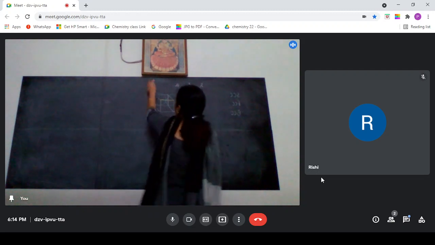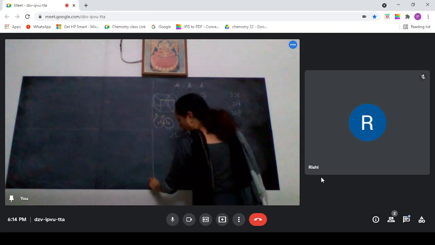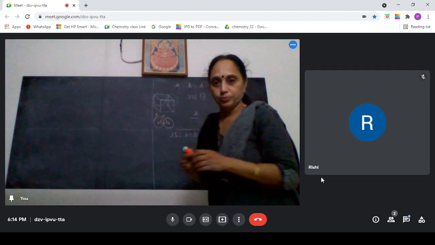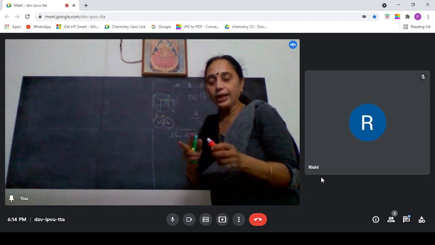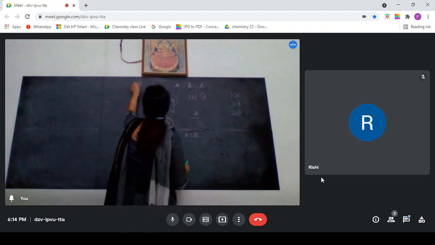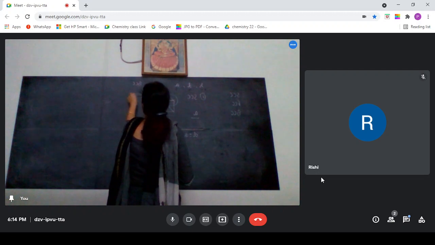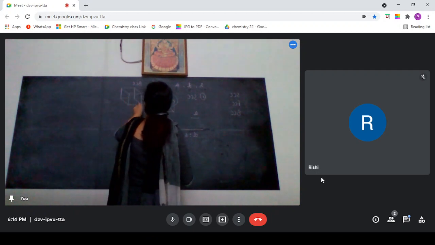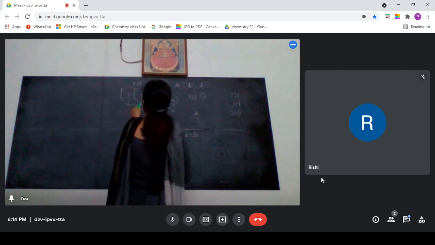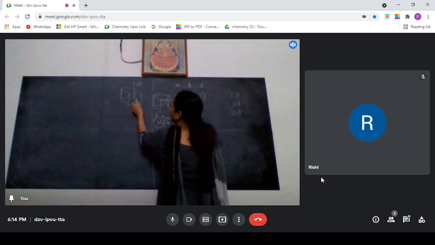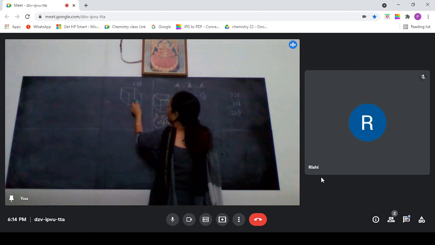Okay. Now I will write for the face centered cube, or first I will write it for the body centered cube. Write a body centered cube. How will you write it? This is a body centered cube, and I will write only whatever I require.